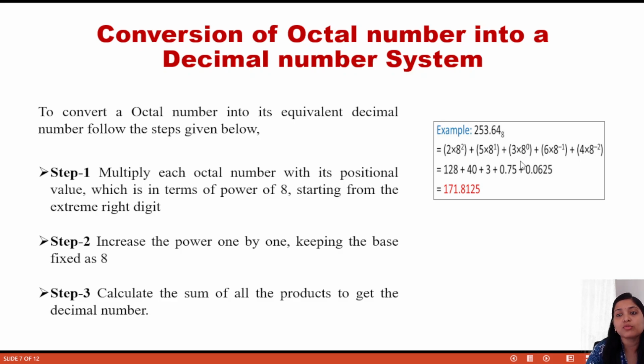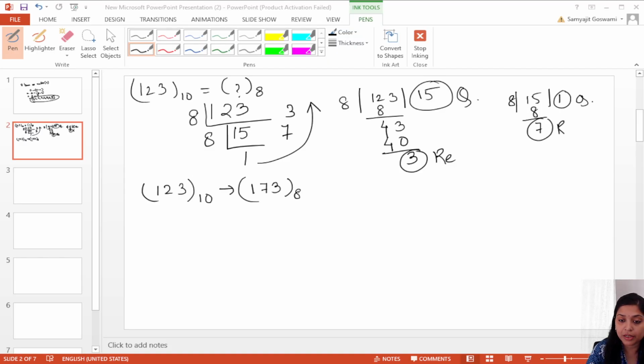After the point, 6 into 8 to the power minus 1, then 4 into 8 to the power minus 2. Then multiply all the results and sum them. All the steps are given here. After my video you can note it down, it will be very helpful for doing examples. I am giving you another example which I think will be helpful for all of you.